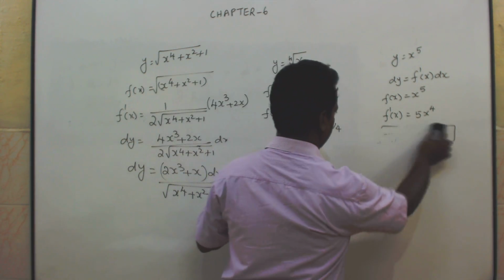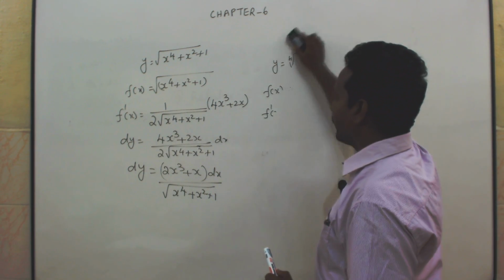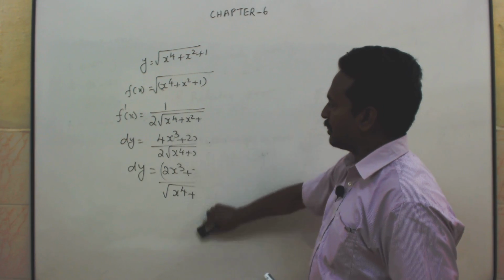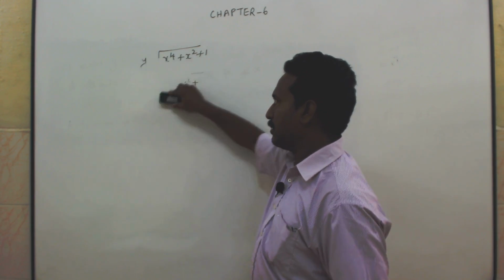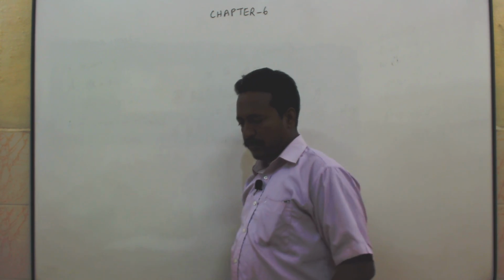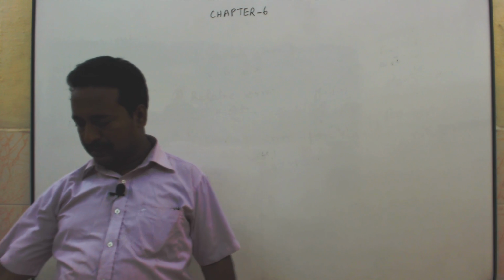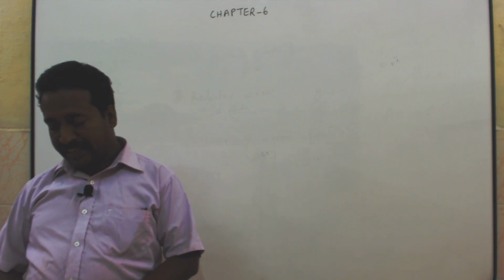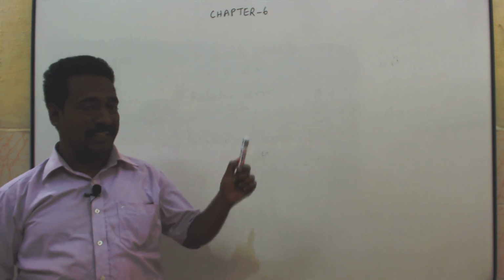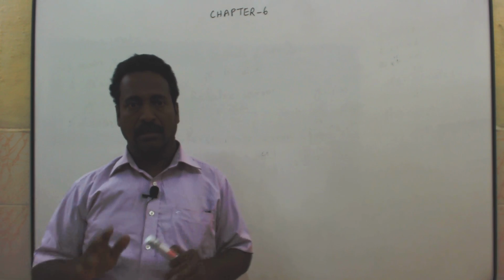I think question number 1, but you will not expect this question from 6 mark, they will ask from 1 mark. Next, question number 2, the same procedure, but here the value of dx and x is given. In the previous problem you only had to find dy, that is all.